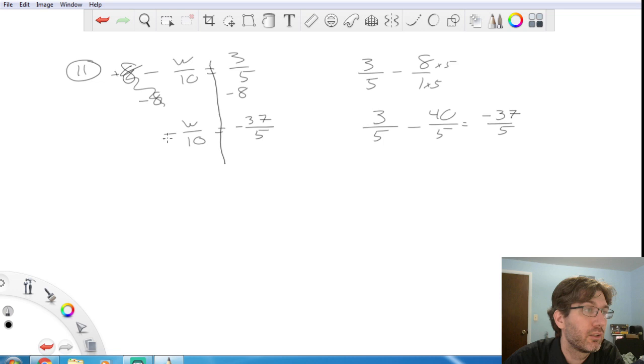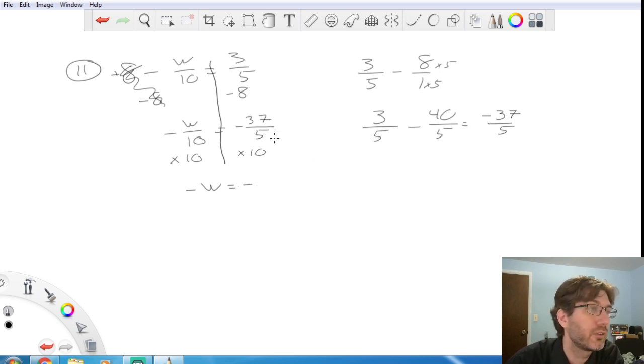But then one way to look at this is to use your proportions. I mean, you now have a fraction that's equal to another fraction. You can cross multiply this, which is how I normally look at it. Or you could just get rid of that 10 and multiply each side by 10. So we're going to times this side by the 10, times this side by the 10, and you're going to get negative W equals a negative, because again, this is negative and this is positive, so whatever your answer is, it's going to be negative.